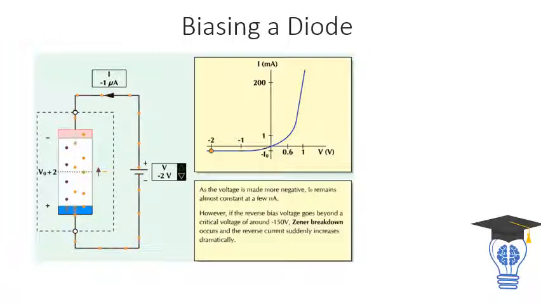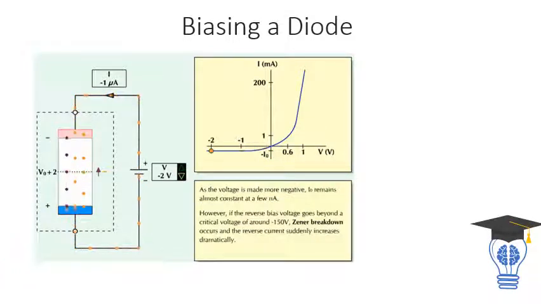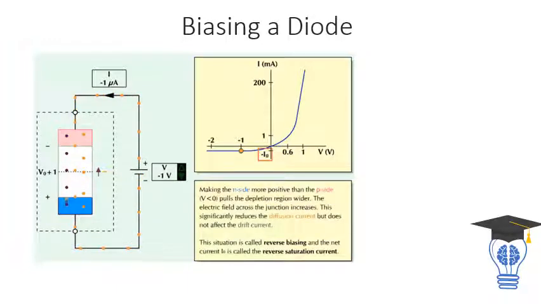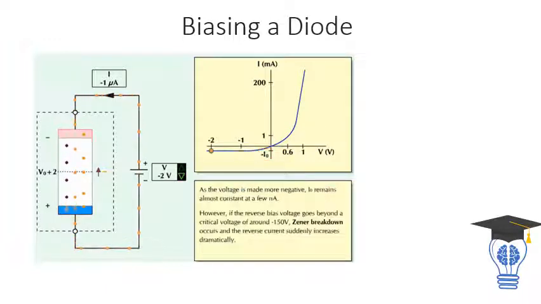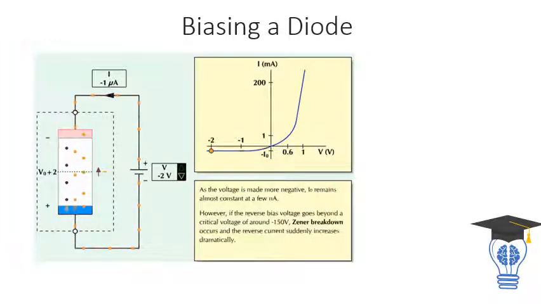The diode junction becomes widened, because the majority carriers at N, which are electrons, start moving towards the battery, and the majority carriers at P, which are holes, start moving towards the negative terminal of the battery. Your junction becomes widened and there is no current flow in the reverse bias condition.